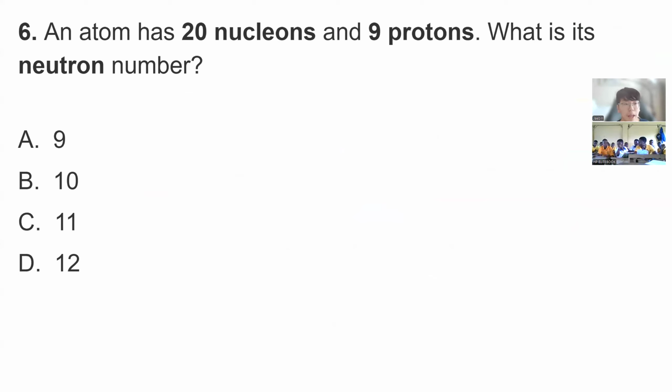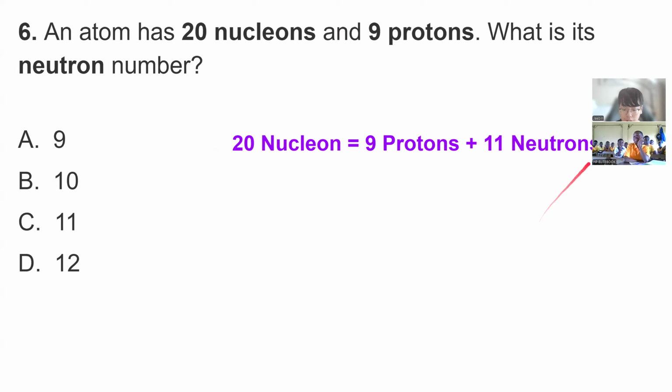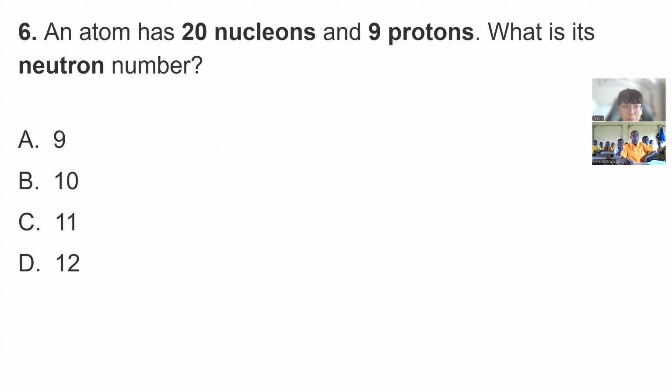Here, an atom has 20 nucleons and 9 protons. What is its neutron number? And nucleons are neutrons and protons combined. So, does anyone want to answer this question?